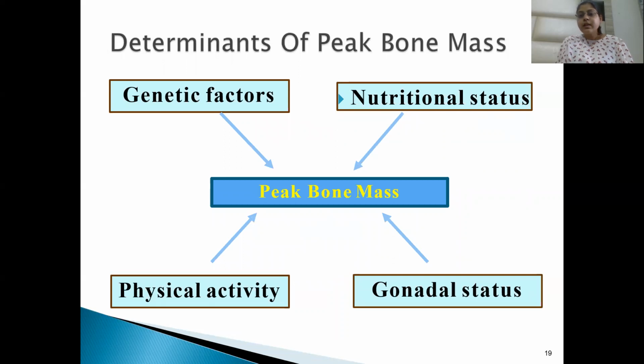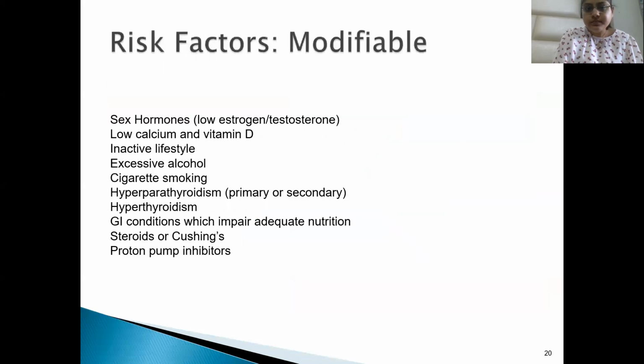Nutrition: if calcium, dairy products, milk, green leafy vegetables, and salmon are not taken, that can lead to decreased bone mass. Physical activity: if they are not exercising and do not have a healthy lifestyle, that can lead to reduced bone mass. Gonadal status: reduced estrogen and testosterone levels in the body can lead to reduced peak bone mass.